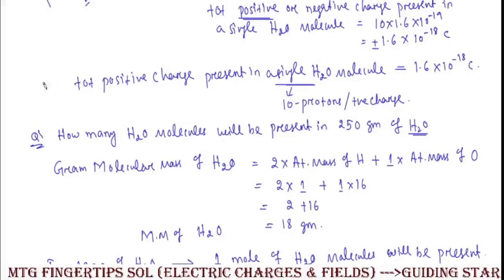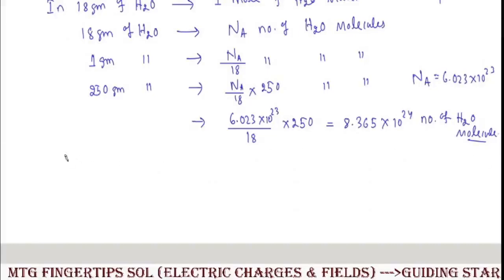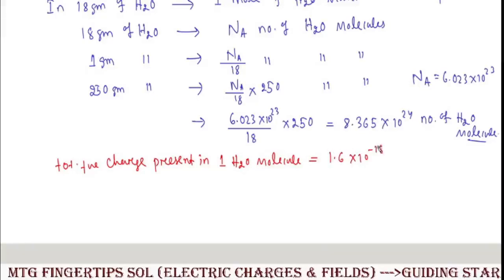So the total positive charge present in one H2O molecule is 1.6 into 10 to the power minus 18 coulomb.